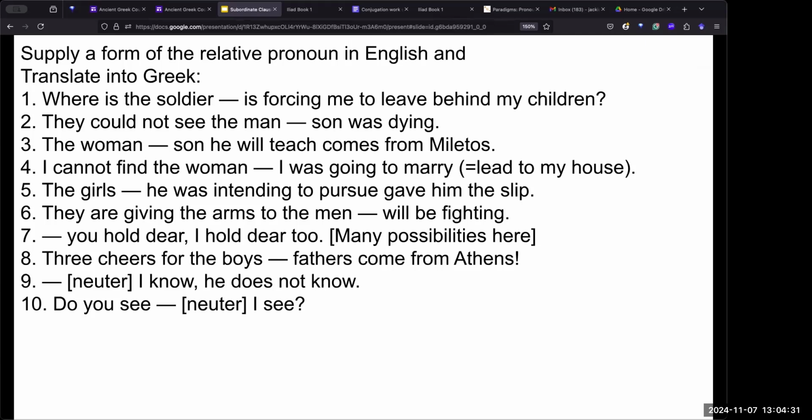They are giving arms to the man, blank, will be fighting. Sorry, fighting. Yeah, who will be fighting. Blank you hold dear, I hold dear too.